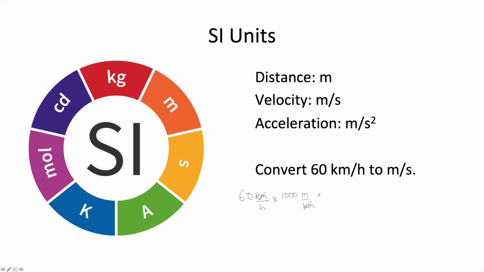So if we say there's 60 times 60 seconds in an hour, then we'll be cancelling out the hour in the numerator with the 1 in the denominator. And the units which are left over are meters per second. So we can solve this on the calculator and we end up with 16.7 meters per second.